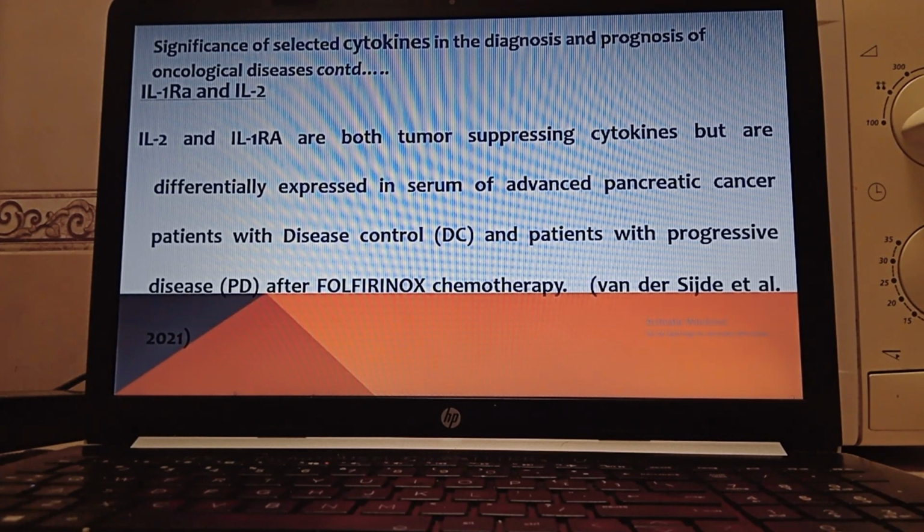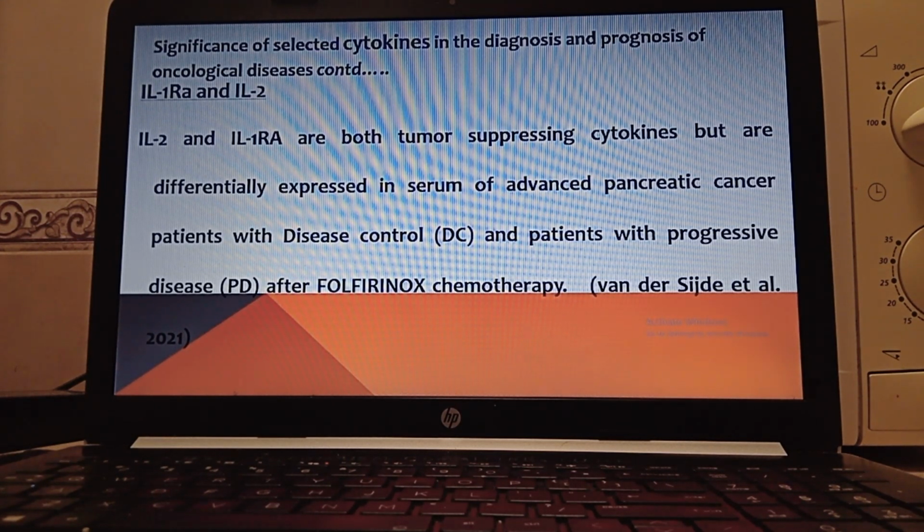Now, at the end of the research, it was discovered that the detection rate of interleukin 2 was higher in the disease control group than in the progressive disease group. But at the end of the chemotherapy, the reverse was the case.